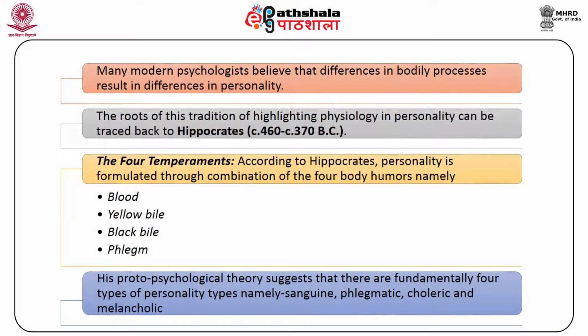According to Hippocrates, personality is formulated through a combination of the four body humours, namely blood, yellow bile, black bile and phlegm. His proto-psychological theory suggests that there are fundamentally four personality types, namely sanguine, phlegmatic, choleric and melancholic.